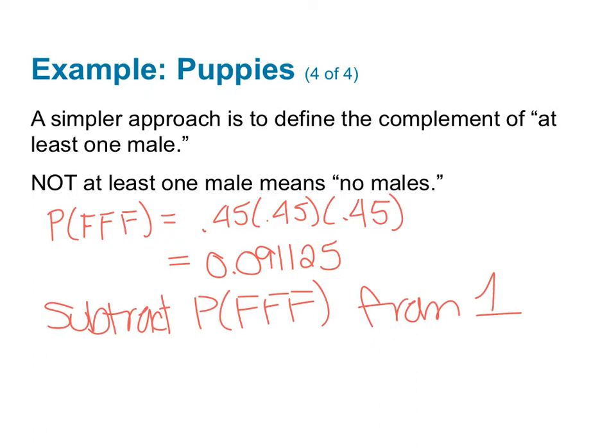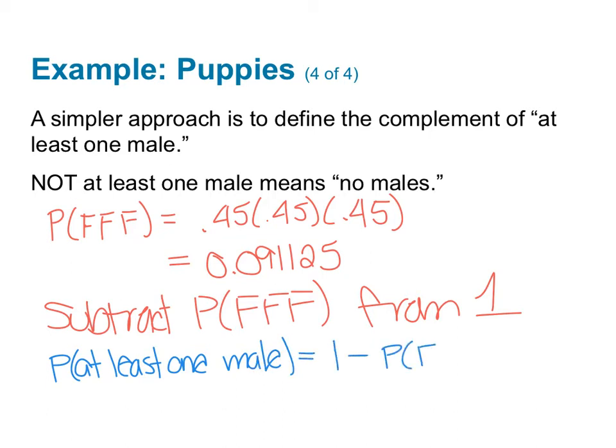So to get the probability of at least one male, we can say 1 minus the probability of female, female, female.